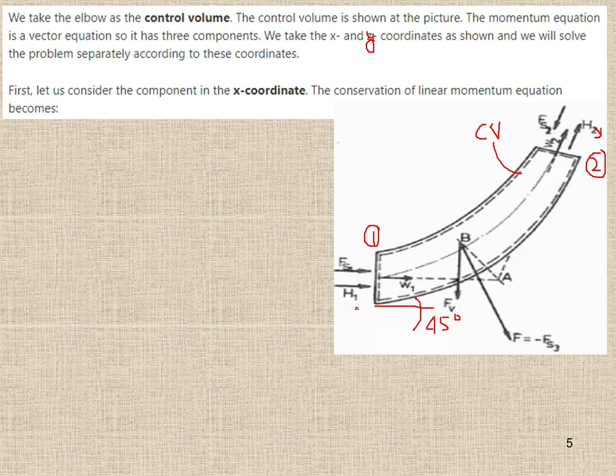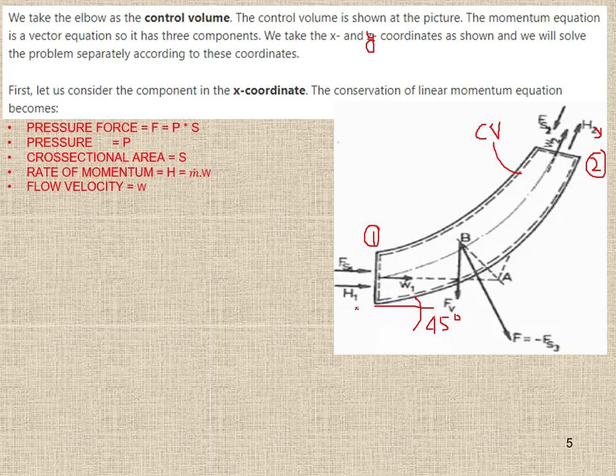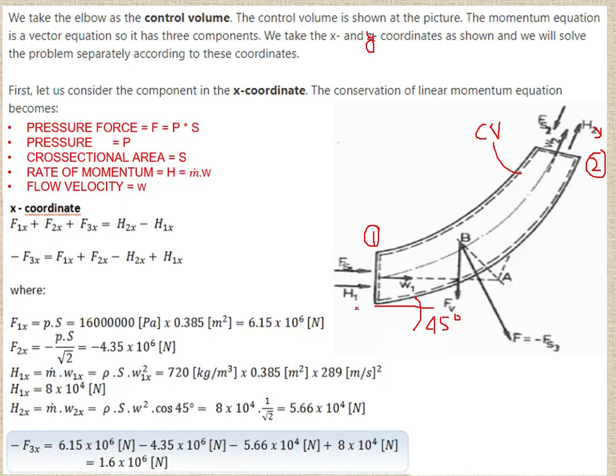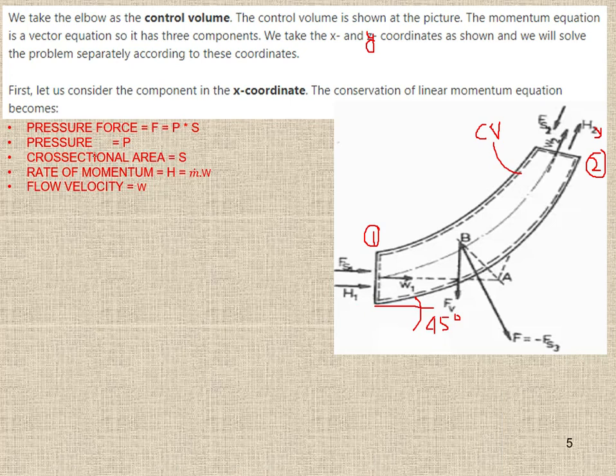So here we need to write down the symbols. It seems these are not the regular symbols that we use for pressure, velocity, and flow. Here we have some abbreviations. This is the pressure force, indicated as Fs, which is also basically a surface force.